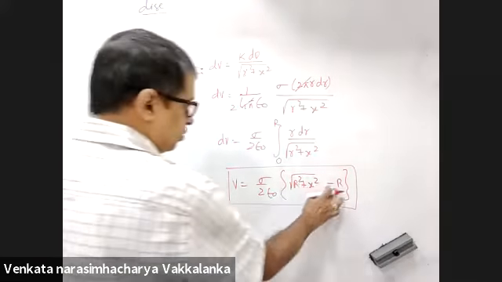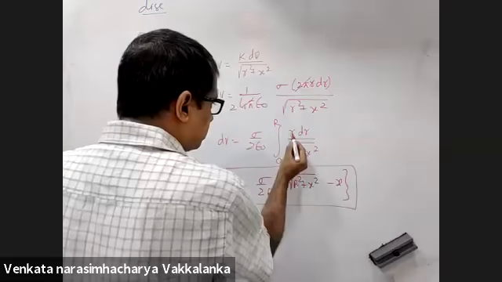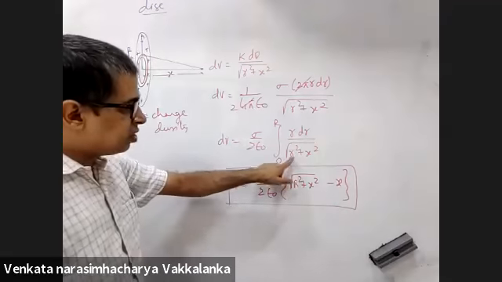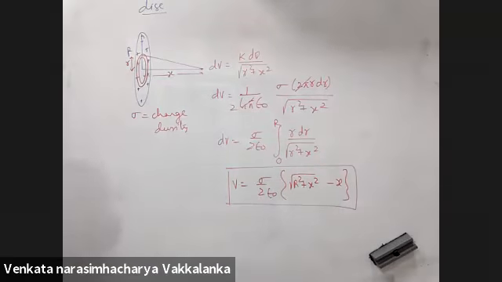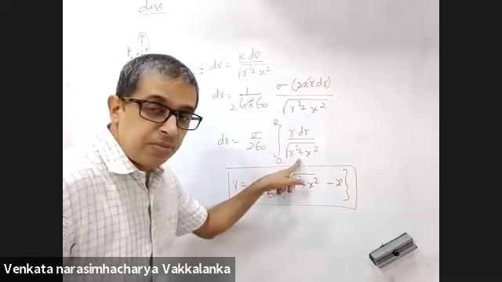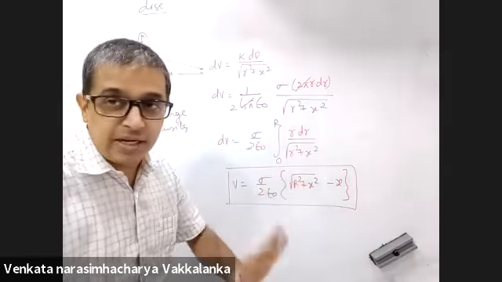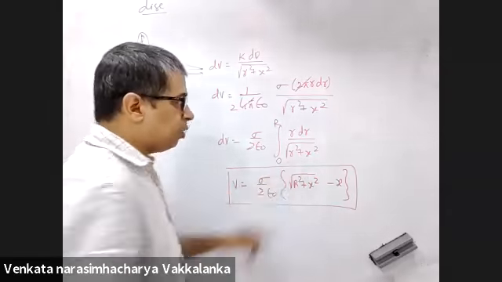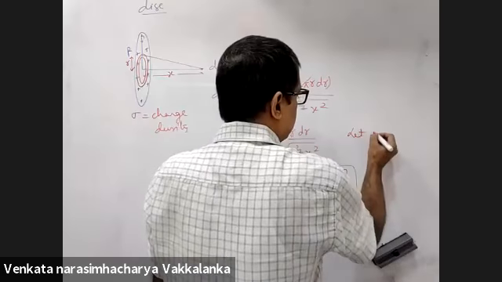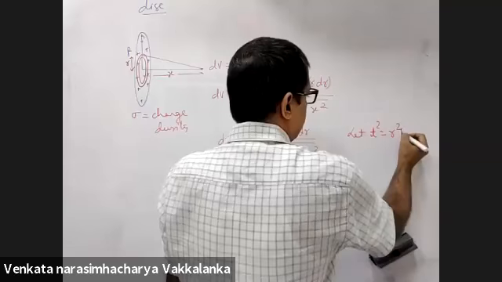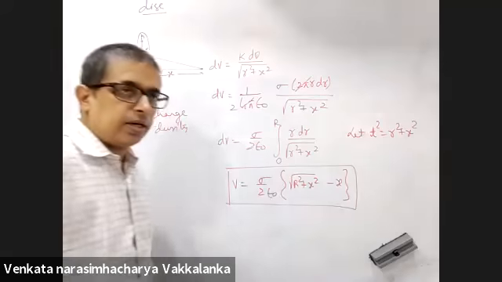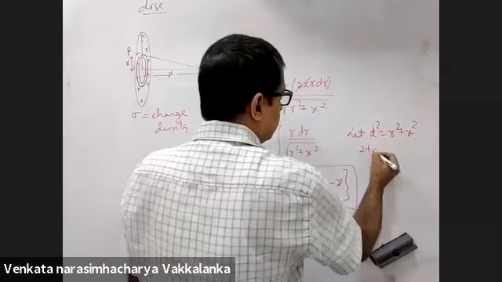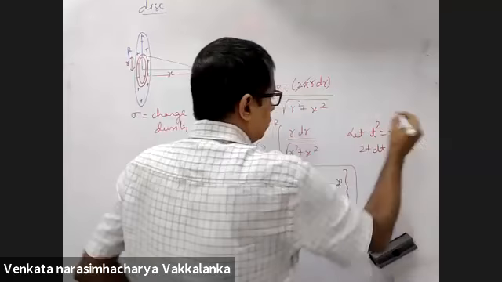Sorry, minus x, because limits are put for small r. This is the expression for potential. I skipped the simplification of the integration here. You will do the simplification by putting let t square be r square plus x square, 2t dt is equal to 2x.